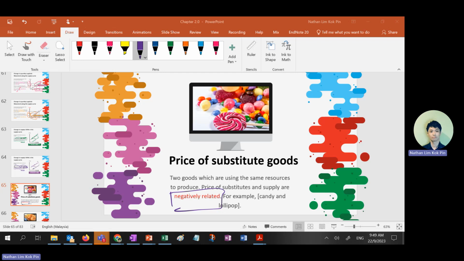It asks you increase or decrease. Increase. So you just draw a coordinate. Price of butter increases. What happened? Follow my diagram.